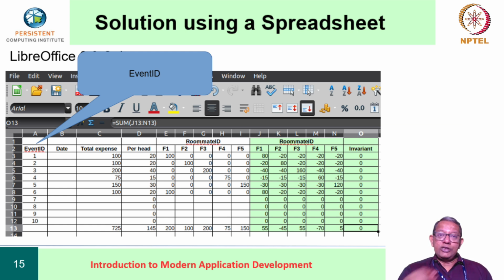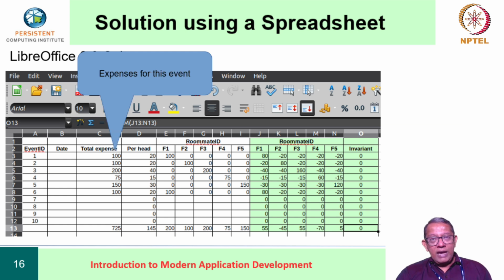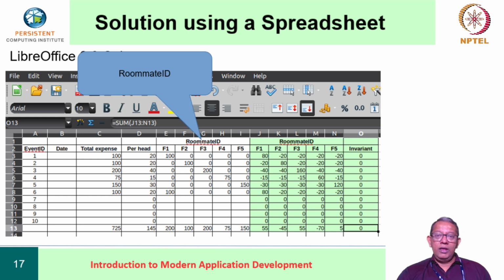This means that each row represents an event. We have a column which captures the expenses for that event. We have a bunch of columns for roommate IDs. We have shown 5 roommates here, who are F1, F2, F3, F4 and F5.